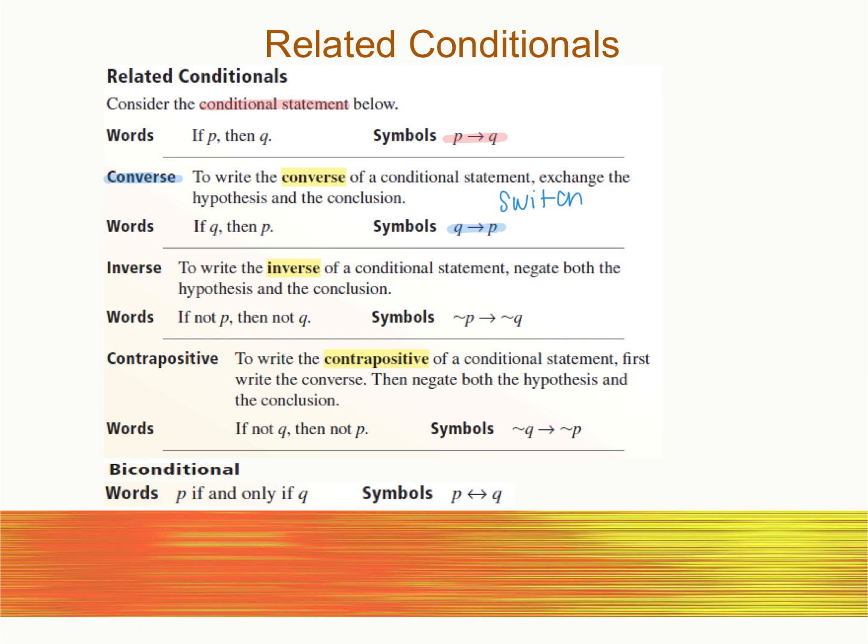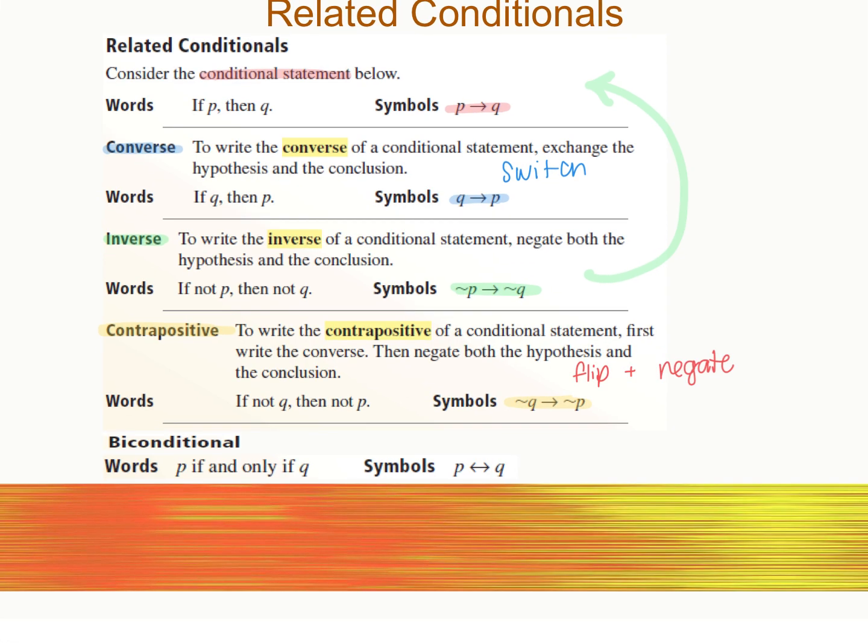Your inverse is similar to your conditional statement, but it's negated. And then your last one, which is your contrapositive, is both negated and flipped. So this one's the long one. Flip and negate.